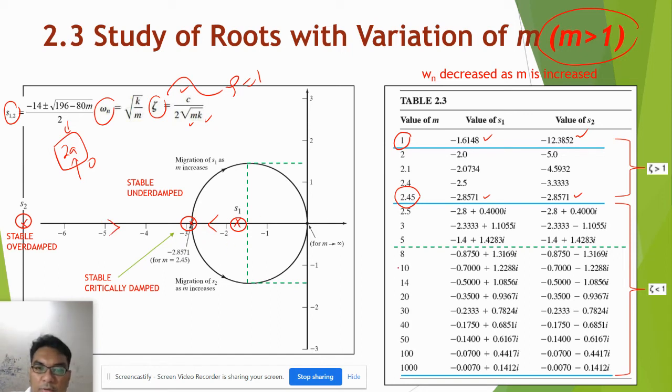As you increase the value to the highest value of 100, for example, you get a different plot where S1 moves in this direction and S2 moves in that direction, and both go towards the 0 position. You can also take any point here to verify it, for example at this location, where you can get omega d and so on.